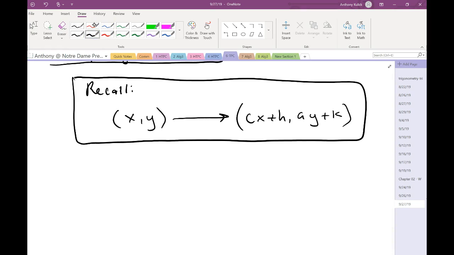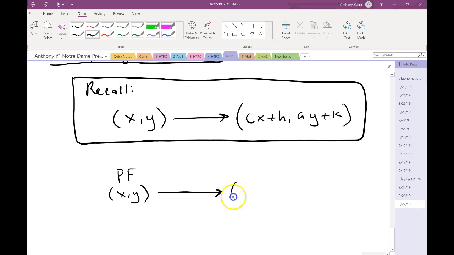So what this is going to allow us to do is, if I take any point from my parent function, I can transform it into a point on my new function by altering the coordinates of the parent function, the x and y, in that way. I'll multiply the x coordinates by c and then add the h.